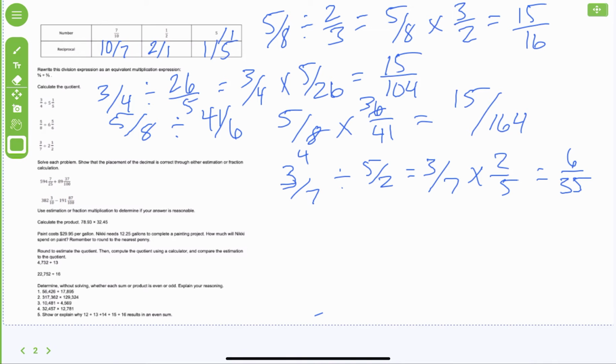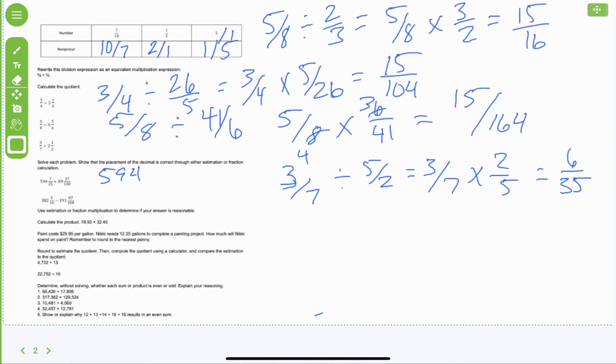Now, this says solve each problem, show that the placement of the decimal is correct through either estimation or fraction calculation. Now, we can make this first one, 594, we can turn that fraction into something over 100, right?